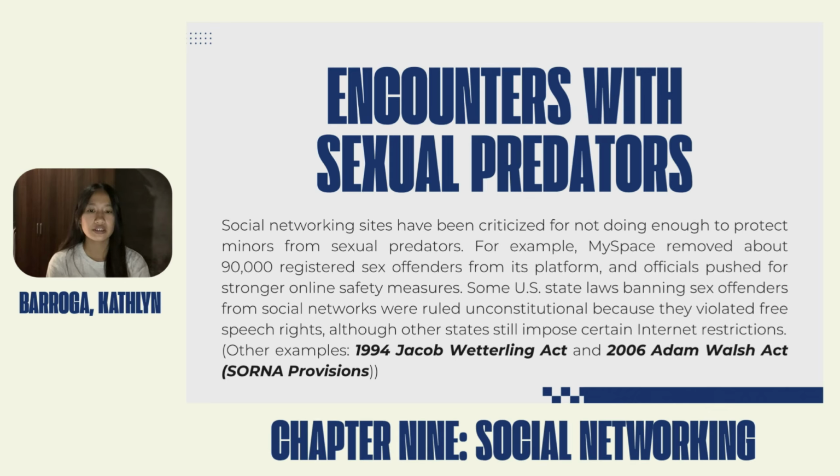This was later improved by the Adam Walsh Child Protection and Safety Act, which created a more consistent national system known as SORNA. This law classified offenders into tiers and required stricter monitoring, standardized registration, and stronger penalties for non-compliance.